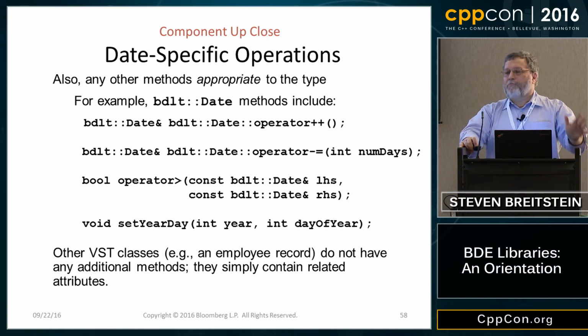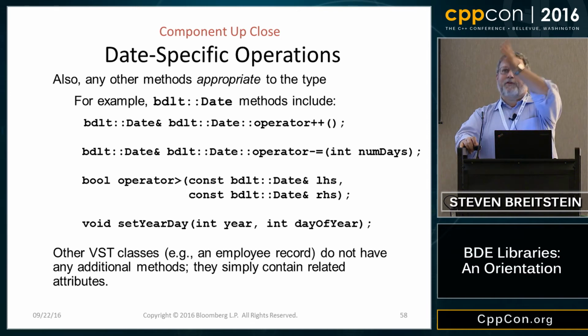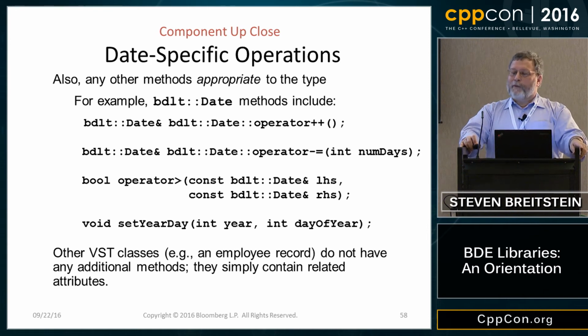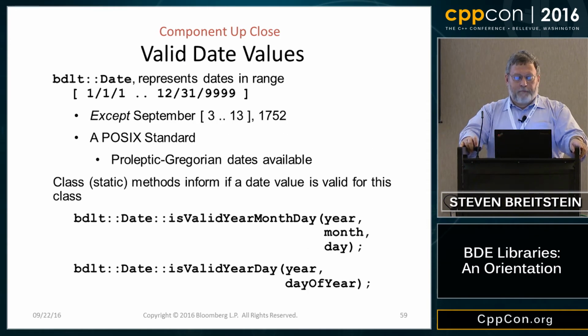They just hold values and don't provide any operators. And if you go back to the taxonomy, you'll find that under value-semantic types, there are various subcategories of value-semantic types. Okay, and sometimes that terminology will creep into the documentation.